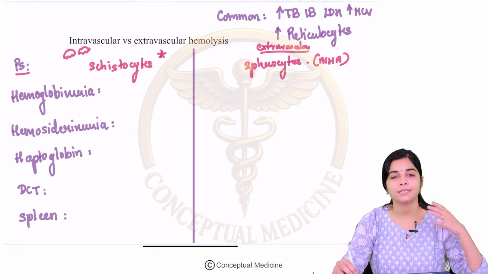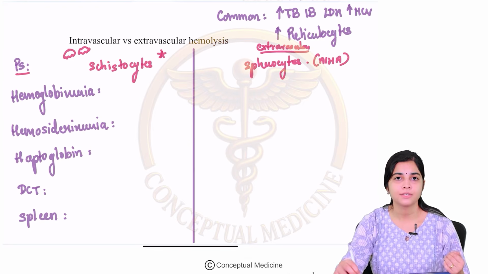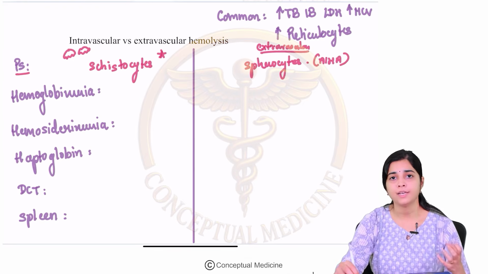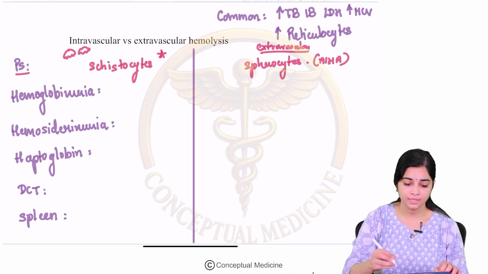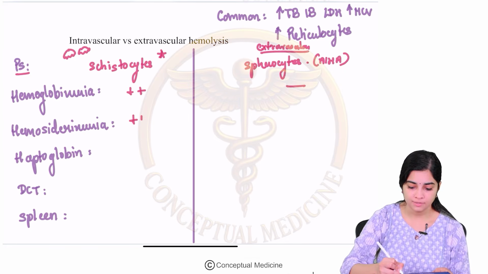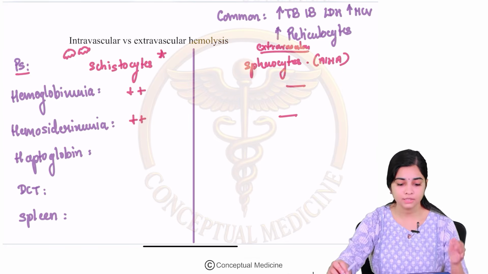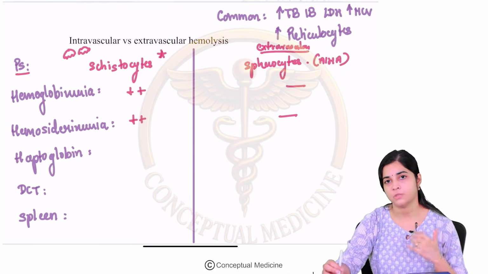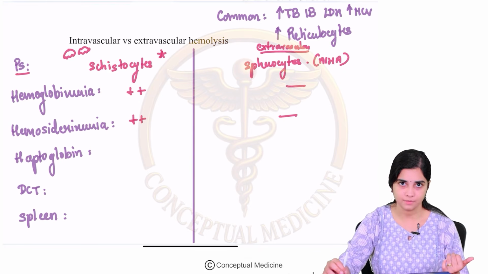Okay, then a characteristic feature of intravascular hemolysis. What happens in intravascular hemolysis? There is hemolysis within the vessels, and hence the broken down RBCs will reach the kidney and get excreted in the urine, and hence you will have hemoglobinuria and hemosideruria, which is found in the intravascular hemolysis, which is not found in extravascular.